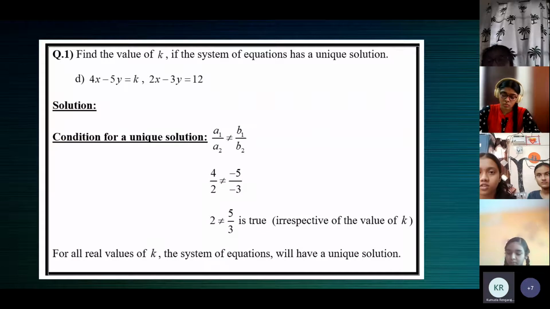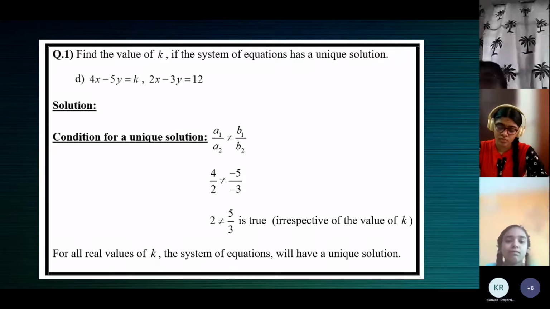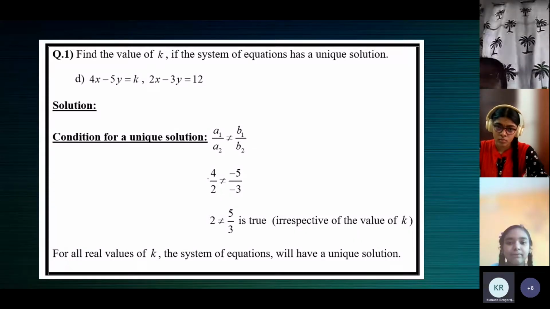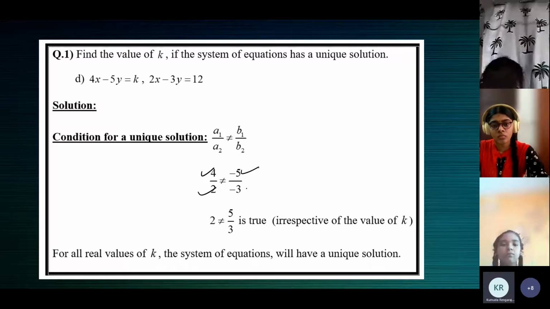Look at this one, children. All the values A1, A2, B1, B2 are numerical. So when you substitute, you get 4 by 2 is not equal to minus 5 by minus 3. Now we have to find the value of k, but there is no k at all here.